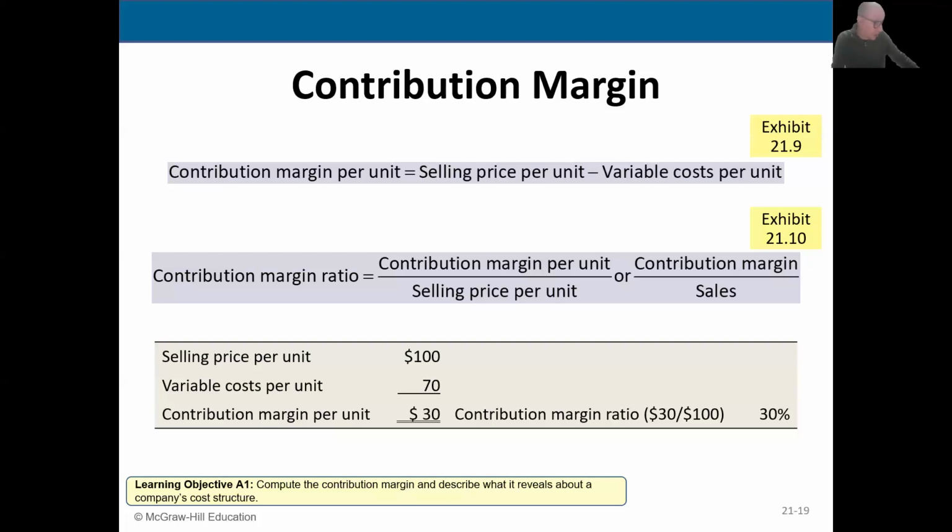So in our example, we take the $30 contribution margin per unit divided by the $100 sale price per unit, giving us 30%, which, by the way, is a very good contribution margin ratio, in my opinion. That means that for every dollar of sales that we make, we're going to get 30 cents of that to cover our fixed costs and ultimately produce an income.